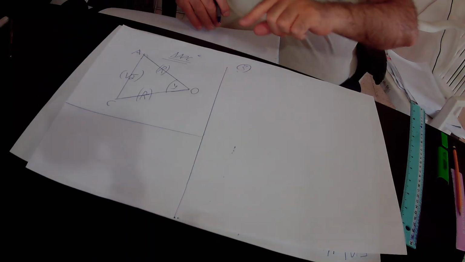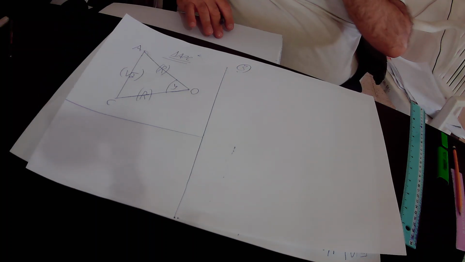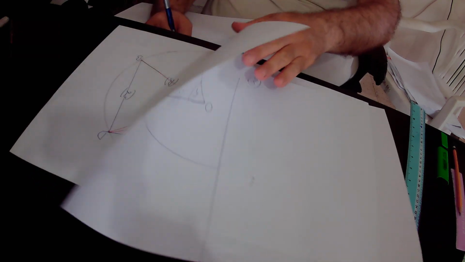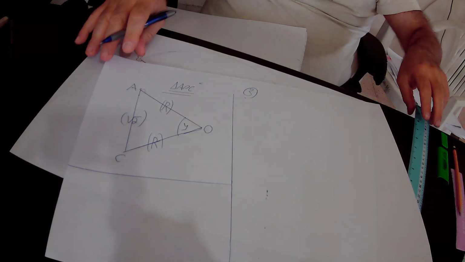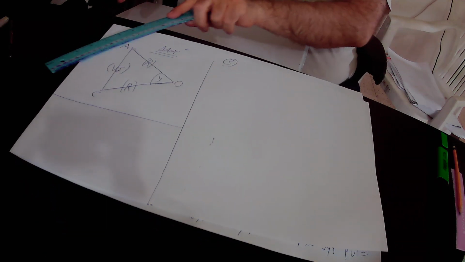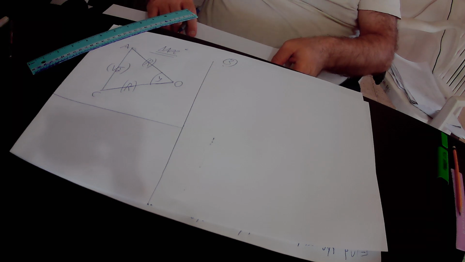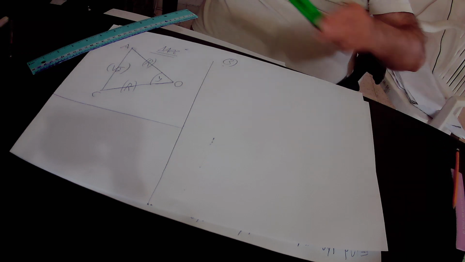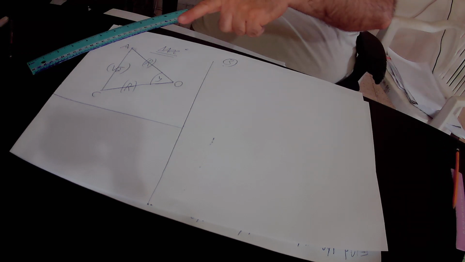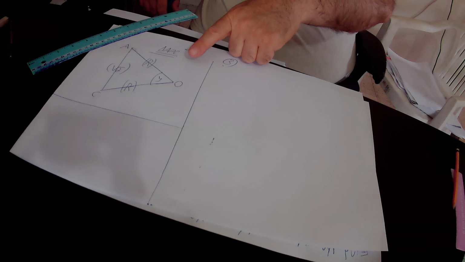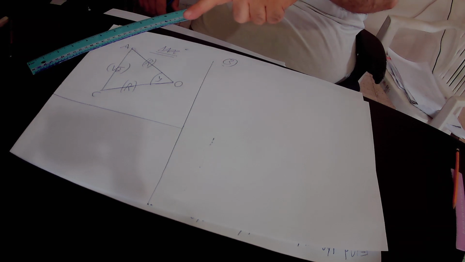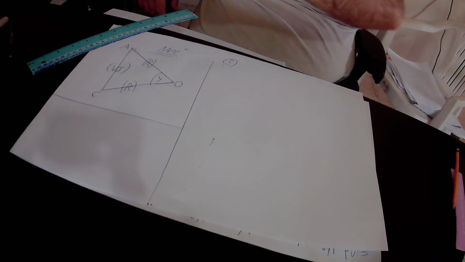Actually, this is triangle AOC that I copied from the original drawing. According to the law of cosines, in this triangle AOC, cosine y equals AO squared plus OC squared minus AC squared over 2 times AO times OC. So write it down.